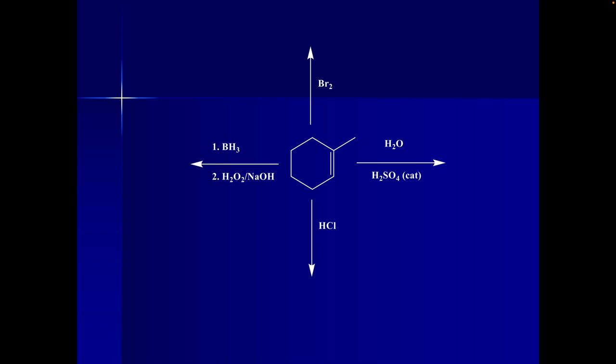Can that rearrange to a more stable carbocation? Theoretically, it could rearrange, but it would rearrange to a less stable carbocation. So if this hydrogen moved here and put a carbocation there, that would be primary. That's no good. If one of these hydrogens moved over here and put the carbocation there, that would be a secondary carbocation. That's not any better than a tertiary. So it turns out that that's the carbocation that you go through. Okay?